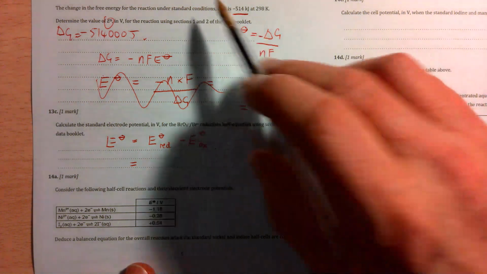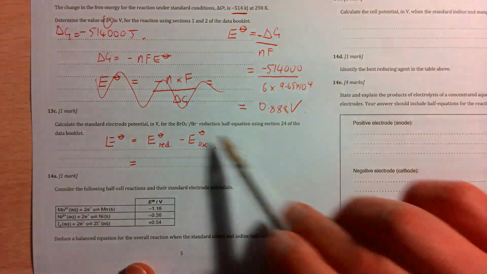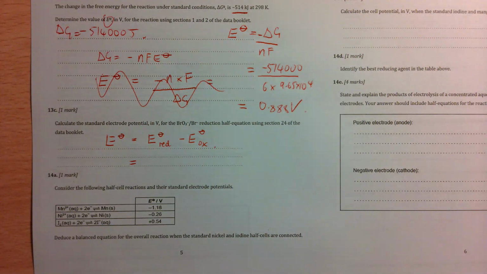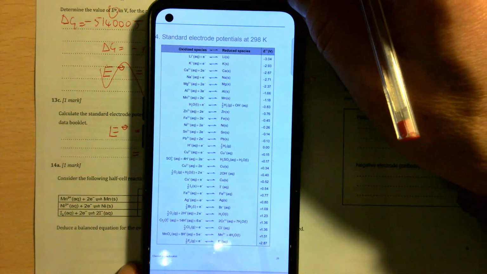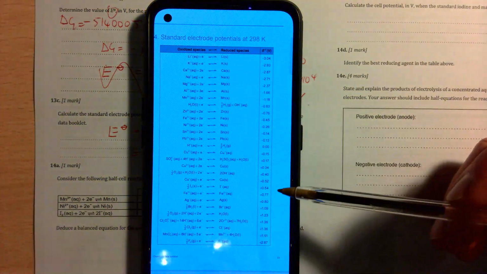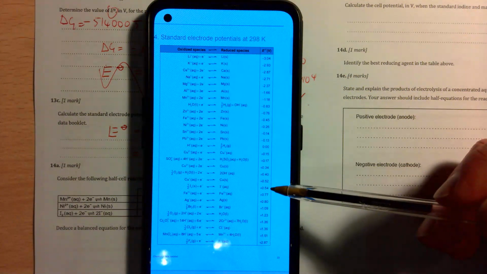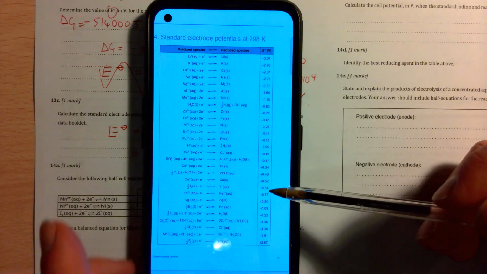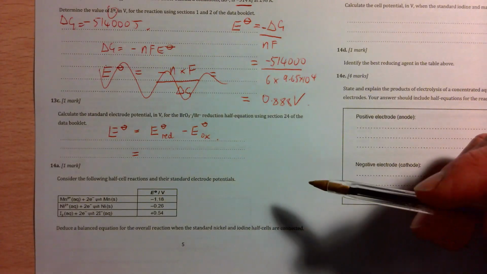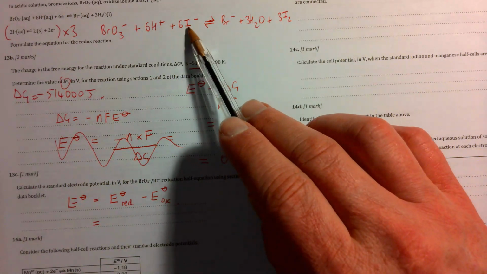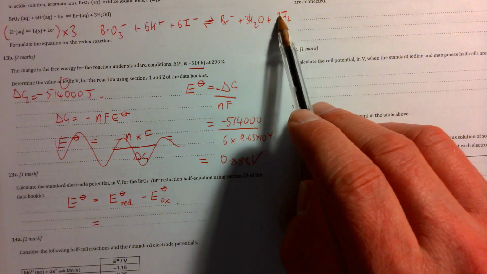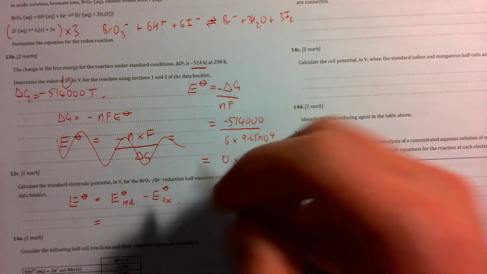Let's think about this. Okay, a little pause there while I was looking up the values for the reduction potentials. So the reduction potential for iodine going to iodide is here, which is plus 0.54. If we go back to our equation, that is iodide going to iodine, so that's the oxidation bit.